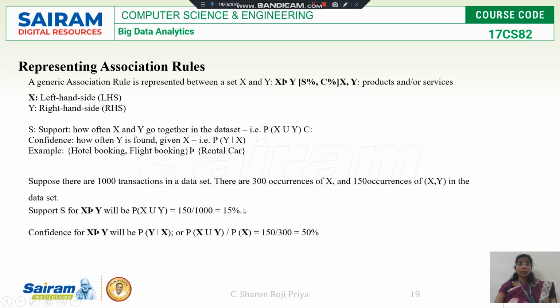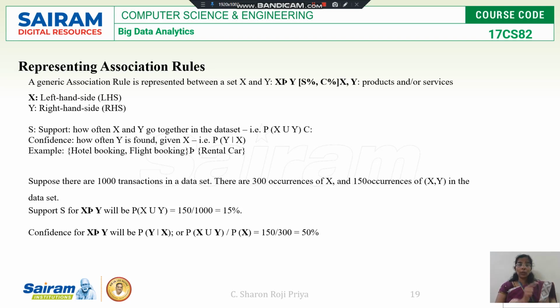Now what is confidence? How often Y is found when X is present? You can see here X and Y together, it is 150 occurrences. Now, how to calculate the confidence?